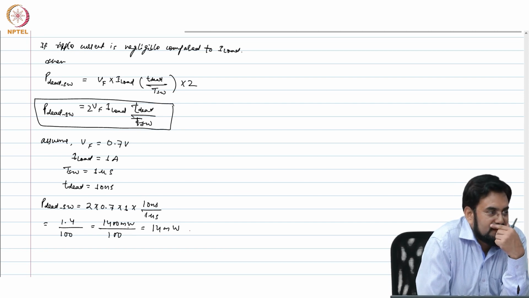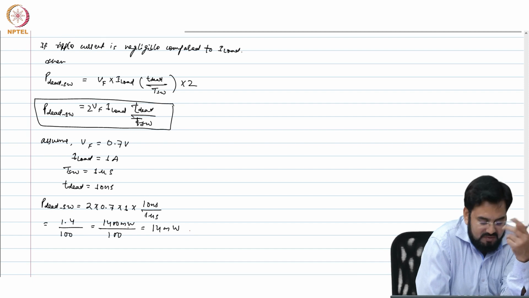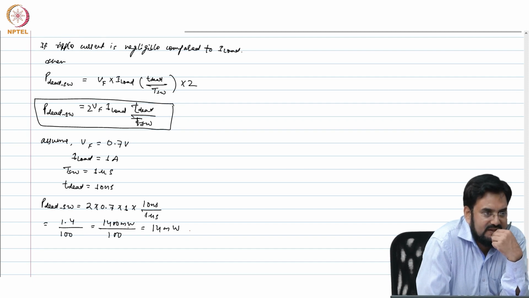Which is quite huge. So at 1 amp, if you are delivering, let's say, 1 watt power, how much efficiency loss will you get? 10 milliwatt is 1%, so 1.4%.